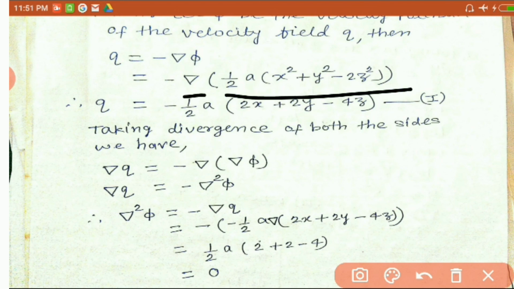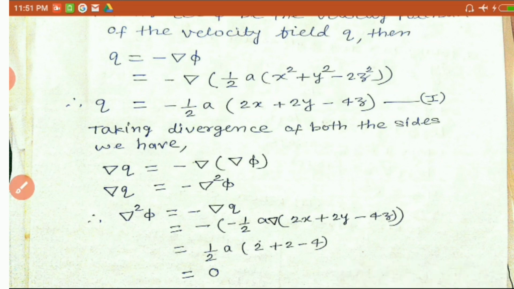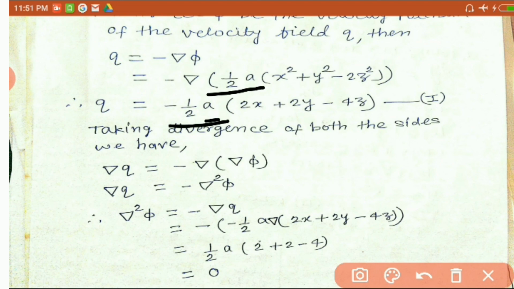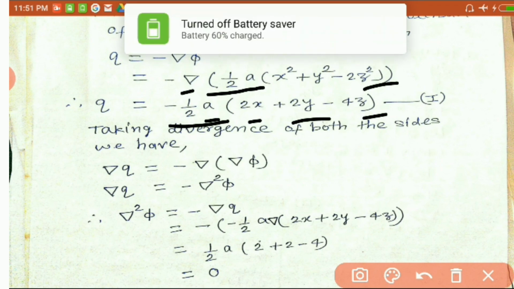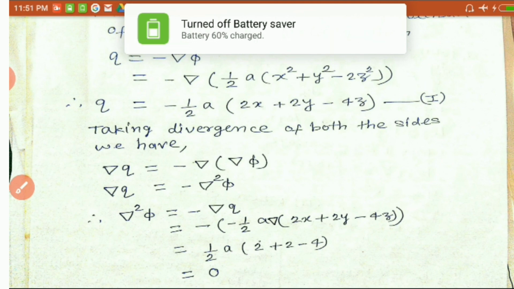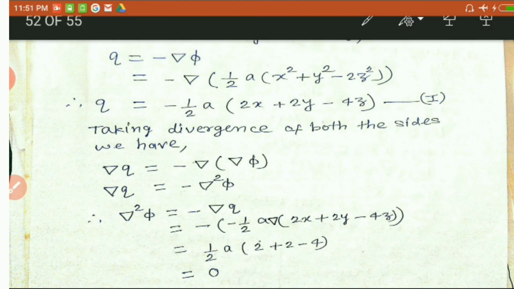So we get q is equal to minus 2a, which is a constant, times del x square is 2x, del y square is 2y, and del z square is minus 4z. Again, taking the divergence of both sides, what do we get?